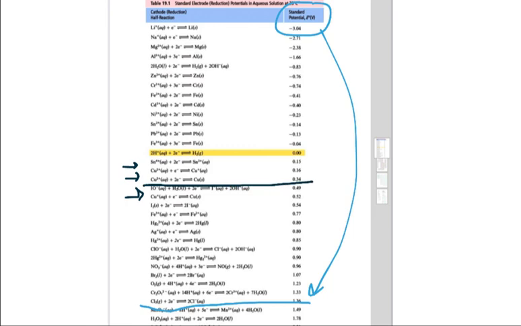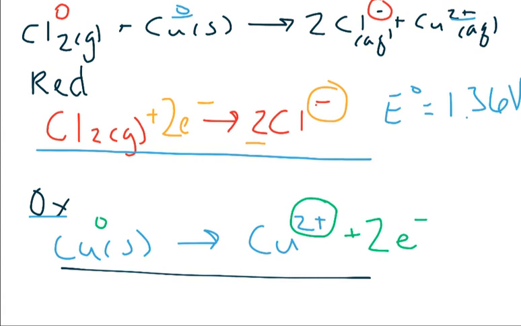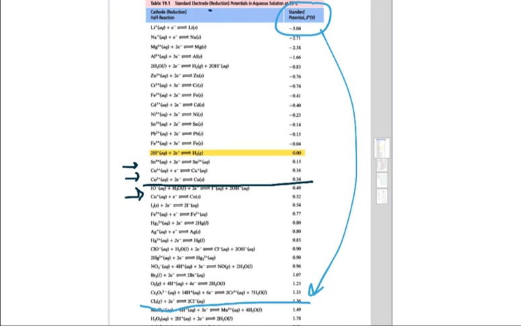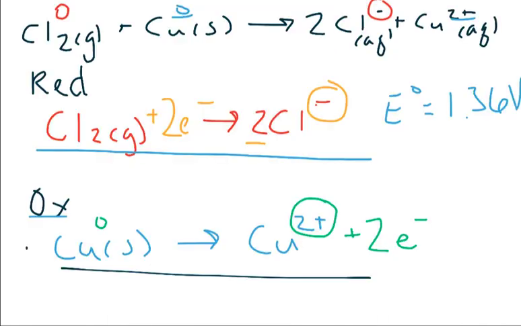Now notice this is the reverse reaction of what we have written here. Here we have copper being oxidized, but these on your reduction potential reference sheet are always going to be reduction, right? So if you have an oxidation, it's the same reaction, it's just backwards, right? This is at equilibrium. So what we do is we take its electrode potential and we write the opposite sign.